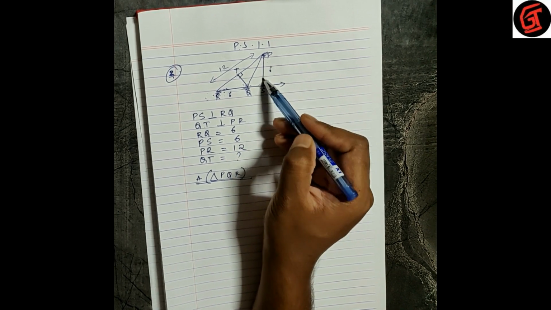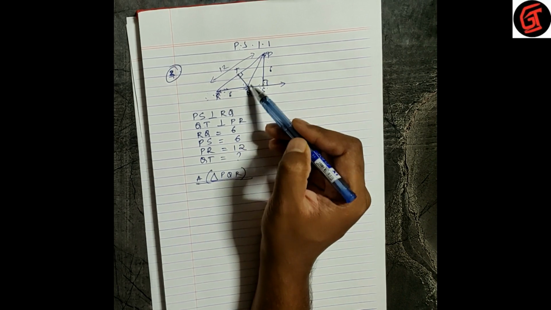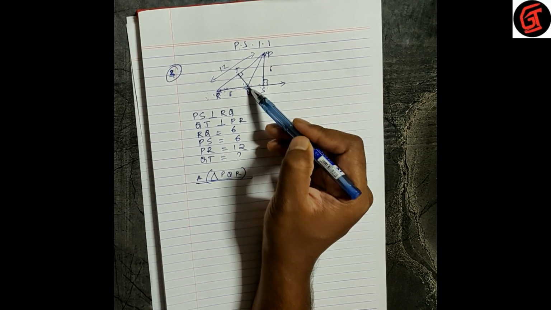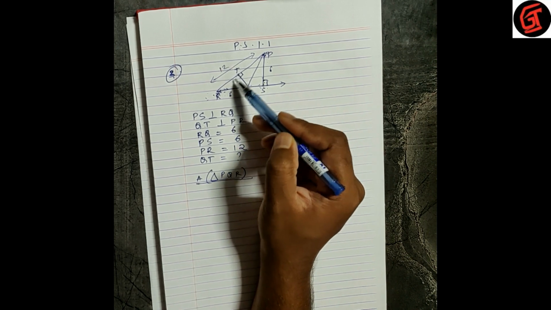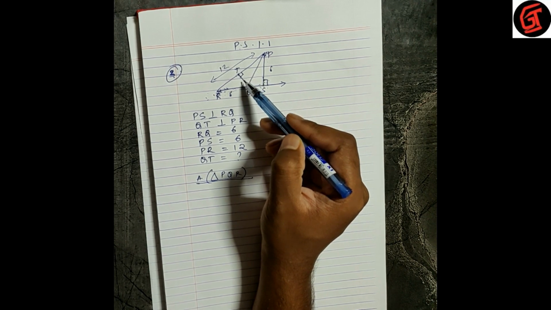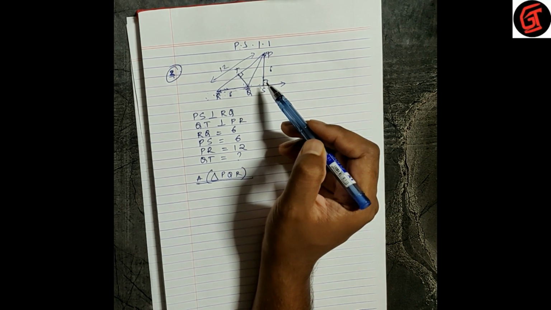Now you might say this height is outside the triangle. Yes, this is an obtuse angle triangle as well. If you see the interior of PQR, this is acute, but from here PQR can be taken as an obtuse angle triangle also. If an obtuse angle triangle is there, the height is always outside the triangle. It cannot come inside the triangle.